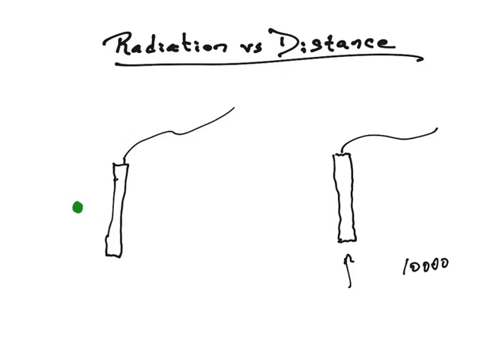Because notice the actual number of things in the room that are radioactive hasn't changed. It's still just one source. That source is still putting out radiation at the same rate. Nothing has changed except where I'm measuring. The actual amount of radiation hasn't changed. But when I measure, I may get 80,000 instead of 10,000.